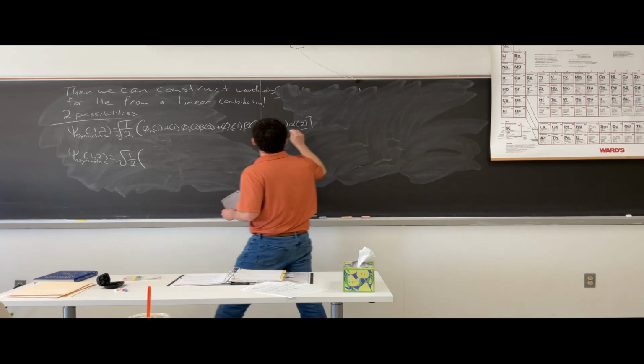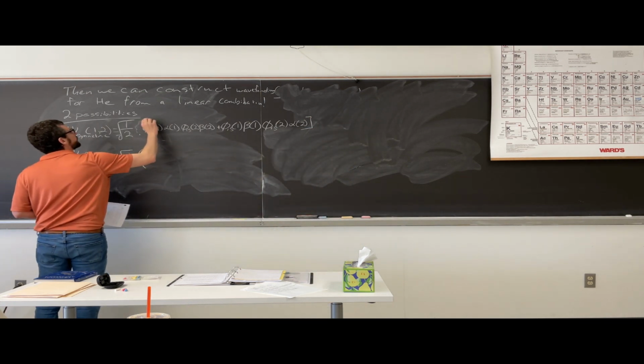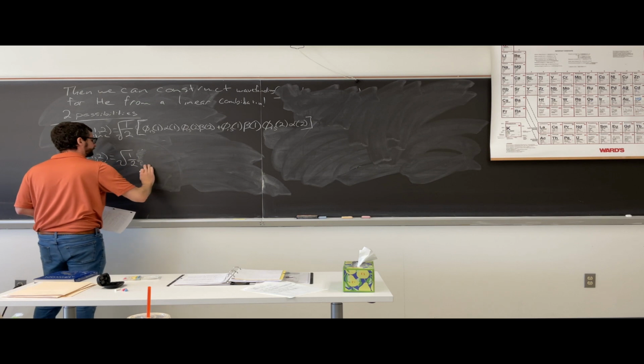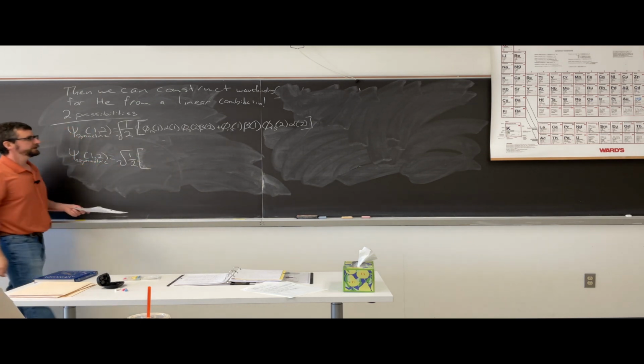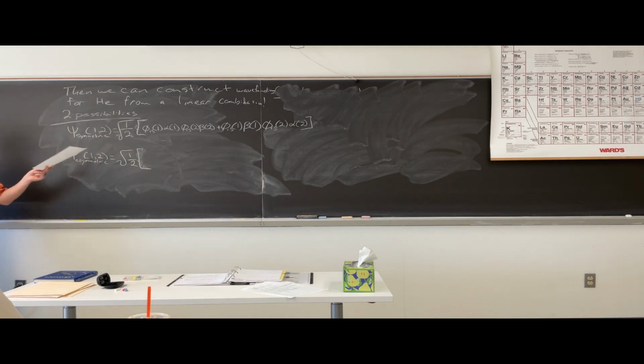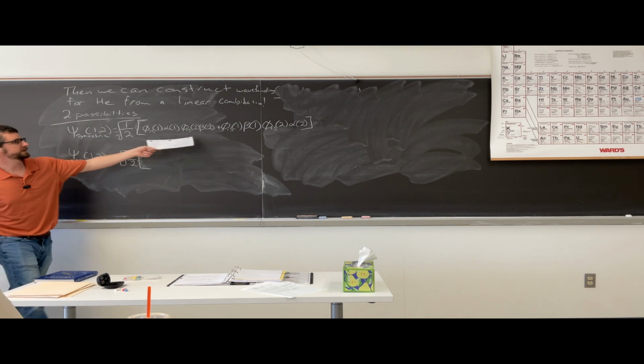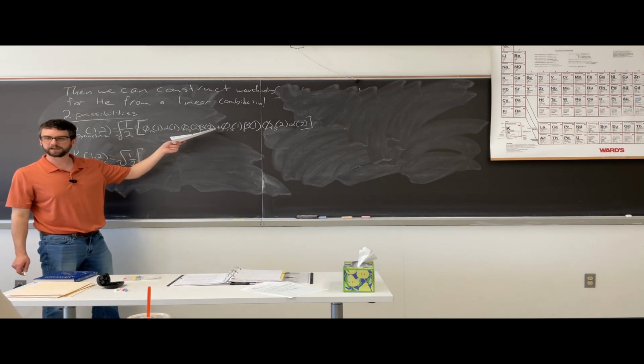I'll put this in square brackets, sorry. Okay, that's an example of a symmetric wave function. An asymmetric or an antisymmetric system, instead of having a plus sign here, we'd have a minus sign.